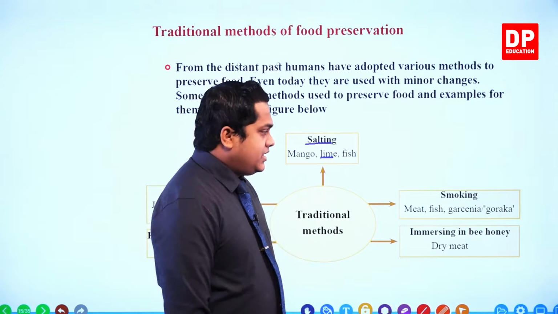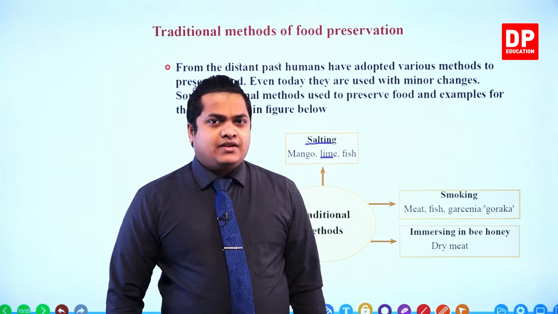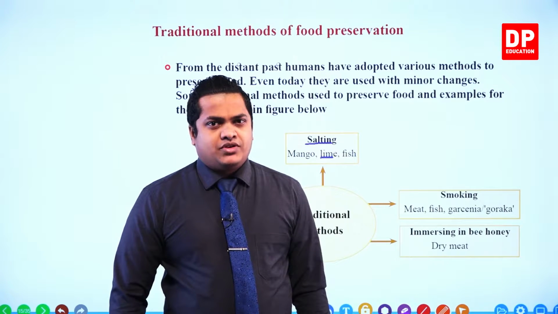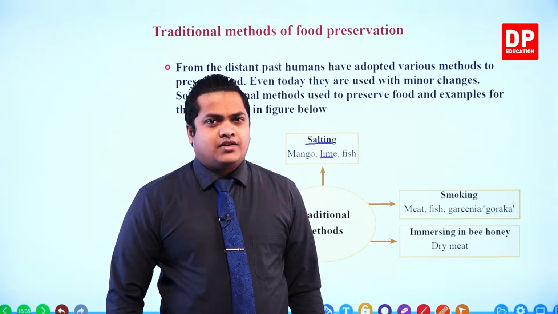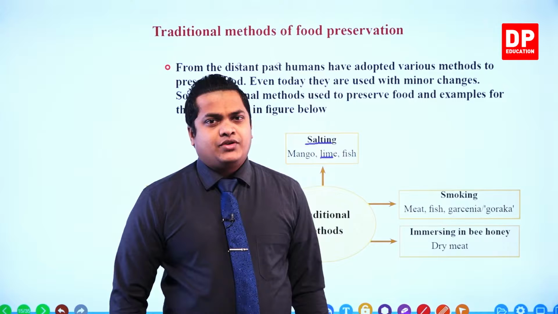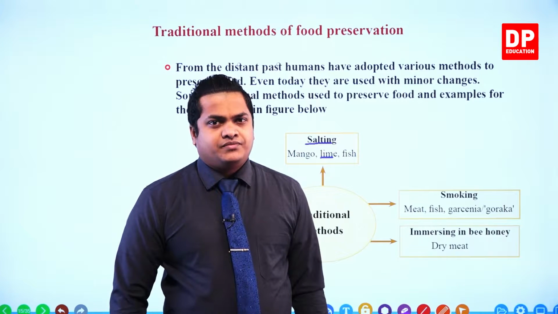So my dear children, by the smoking process we do the same thing as before. We are reducing the volume of water contained within the food item, and in that way we are going to preserve the food.